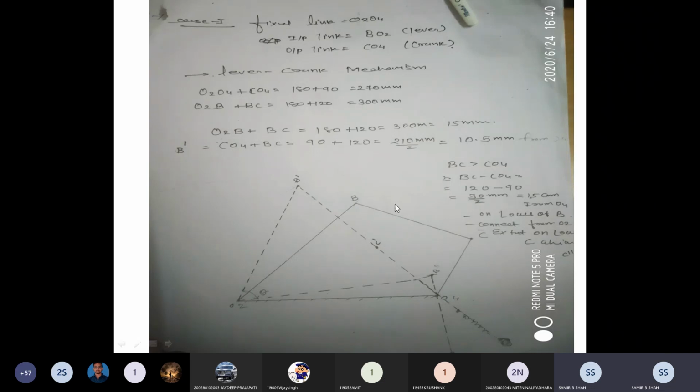Definitely the summation of the remaining two, that is BC and CO4. So please take the summation of CO4 and BC, which is equal to 90 plus 120. I am calculating with the help of a 1/2 scale, that's why I am taking 210 divided by 2. So it may be 105 mm.